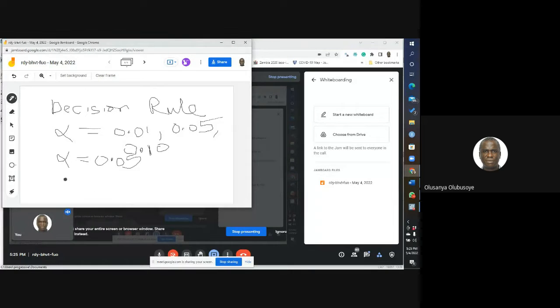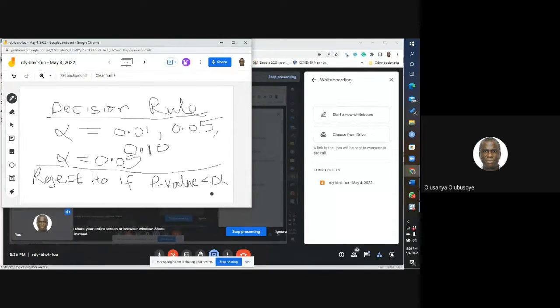So at the level of taking your decision, you reject H naught if your p-value is less than the alpha value.